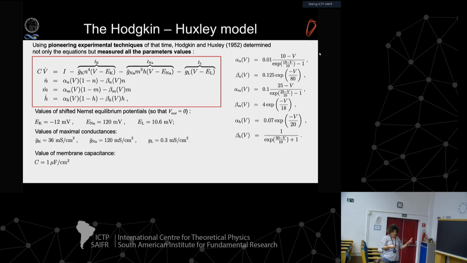So these guys are heroes, but it's a 4-dimensional system, so it's difficult to study the dynamics. Also, because you have so many parameters, right? These guys measured all these parameters, but again, this was 1952, people didn't have internet, so they had plenty of time, and they were recording like crazy.